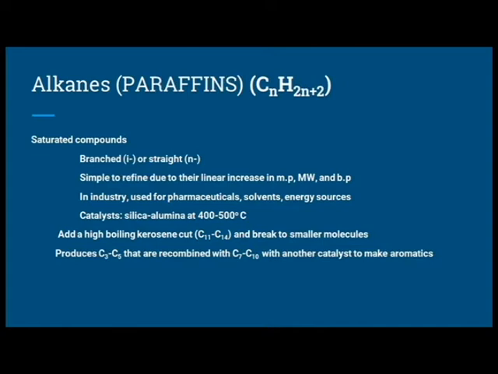They are used by adding a high boiling kerosene cut with C11 to C14 isomers, which are then broken into smaller molecules that produce C3 to C5 molecules. These are then recombined in catalytic recombination with C7 to C10 molecules, which require another catalyst, which is another form of cost, and which then makes aromatics.